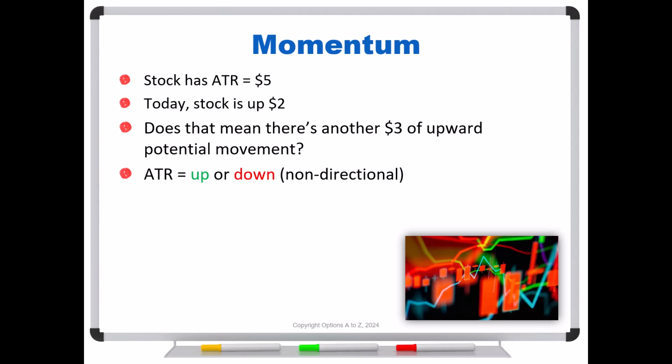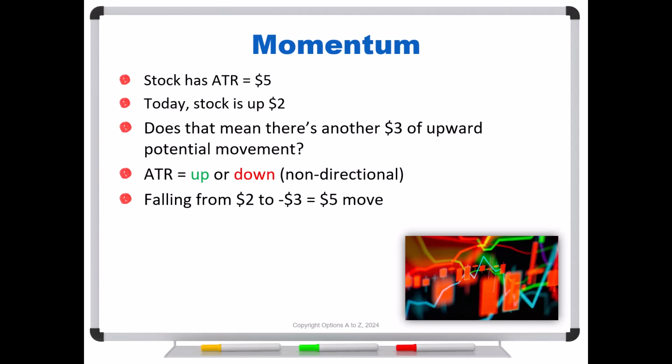So if we see a stock that's currently up $2, yeah, if there's an ATR of $5, it's also just as likely that it could fall to -3. So if it falls from $2 to -3, that's still a $5 move in absolute terms. So if you want to use this by itself as some type of momentum indicator, that there's more juice or more gas left in the tank because the stock hasn't used up its full ATR, that's misinterpreting the calculations because Wilder's ATR uses absolute values.